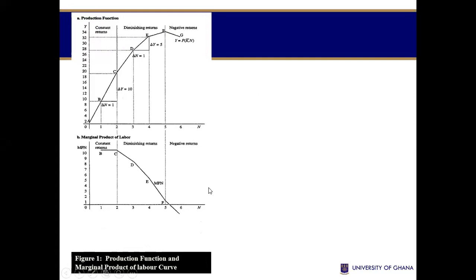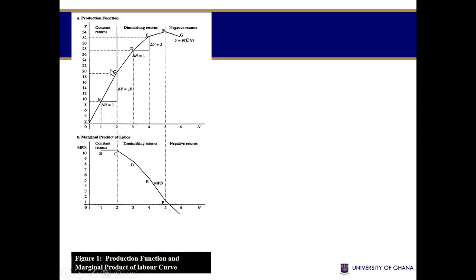We want to look at the marginal product of labor curve. The first curve that you see here is the production function. Y is on the vertical axis, and the units of labor, N, is on the horizontal. This is a typical production function.